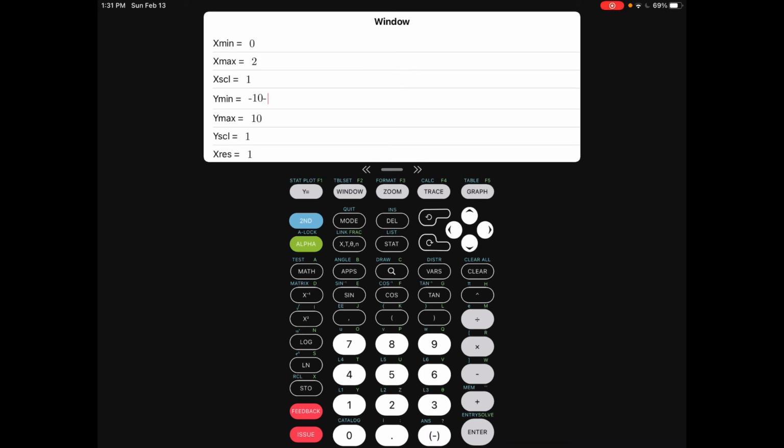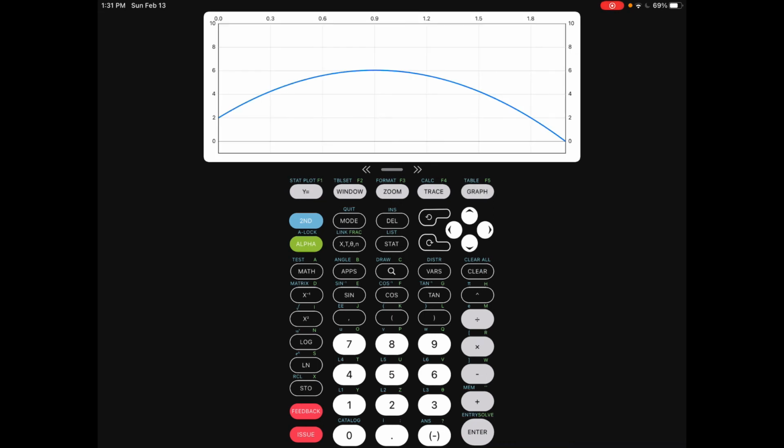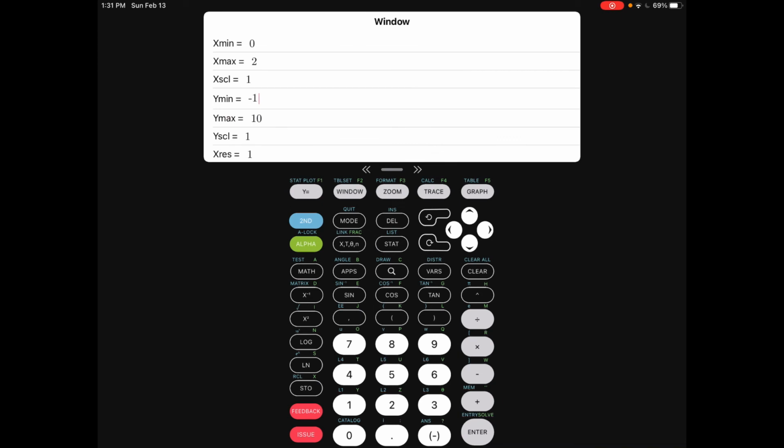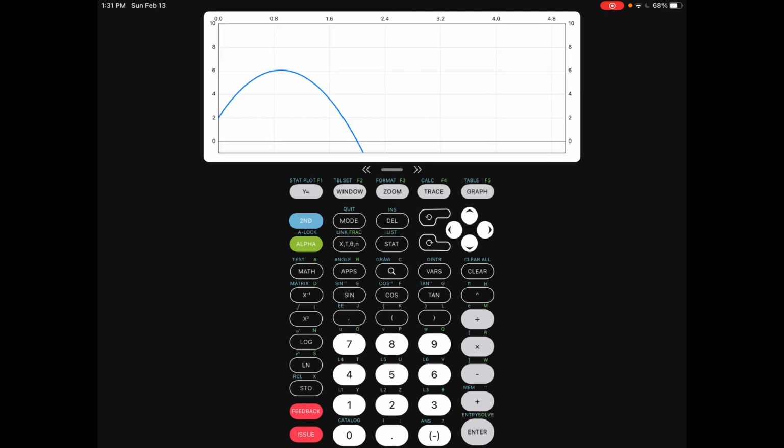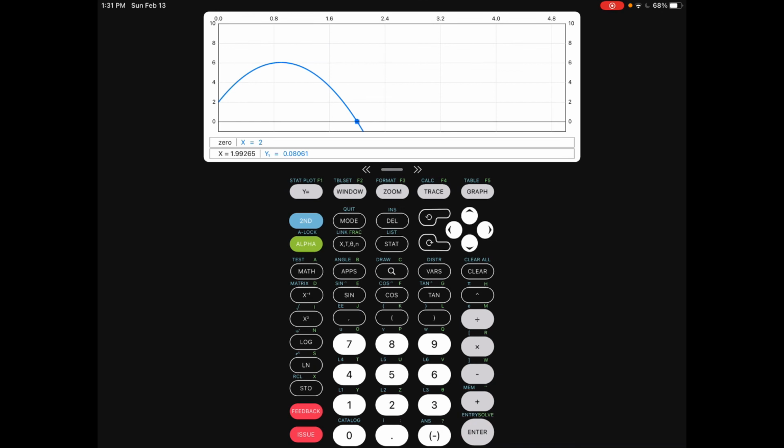Maybe I'll look at negative 1. But there's a nice graph of what's going on with this function. Maybe I'll look at a little more x's just so this looks a little steeper. There we go. Okay. So right over here is when it hits the ground, at x equals 2.